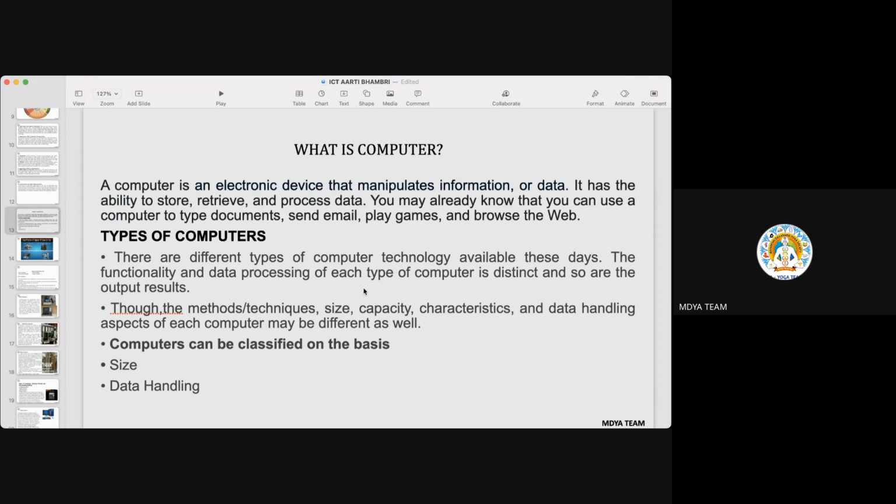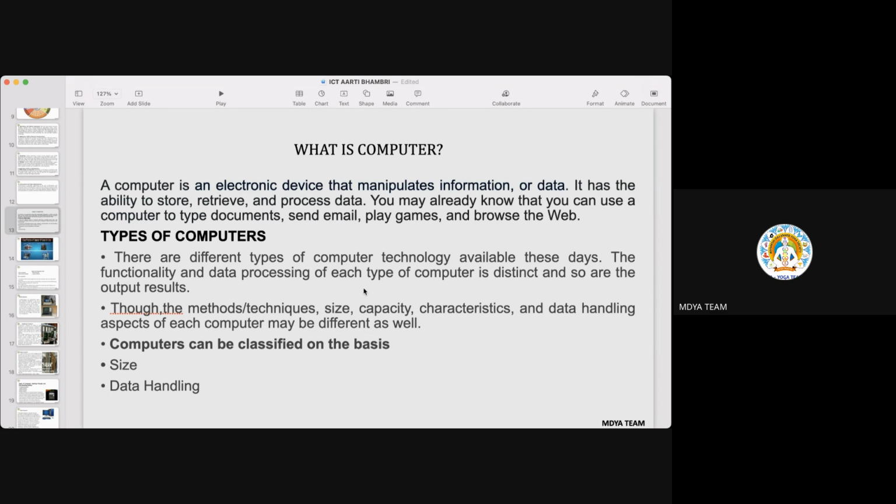There are different types of computer technology available these days, and their functionality and data processing differ as per the requirement. Their output results are different because some computers are made for specific purposes and functions.